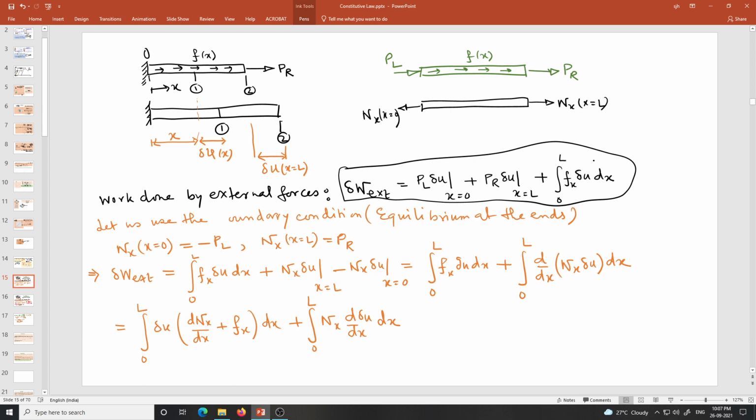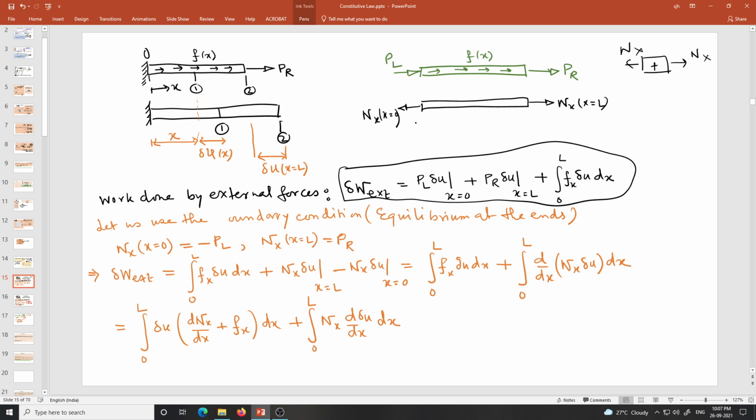Now, if we employ the equilibrium condition at the end, if we assume the existence of the internal force resultant Nx, using the sign convention which we have done in our previous slide, this is the positive direction.